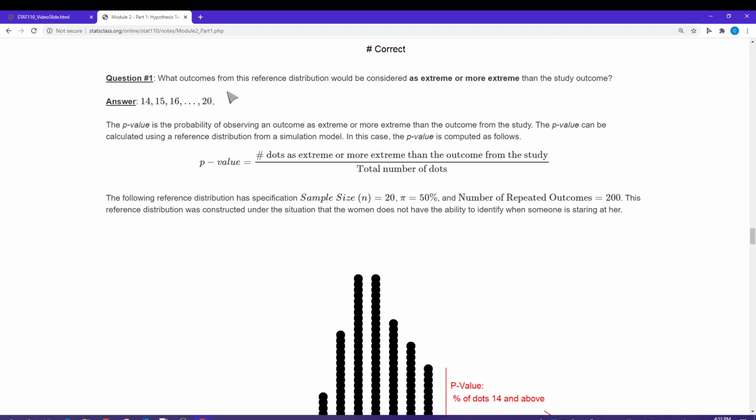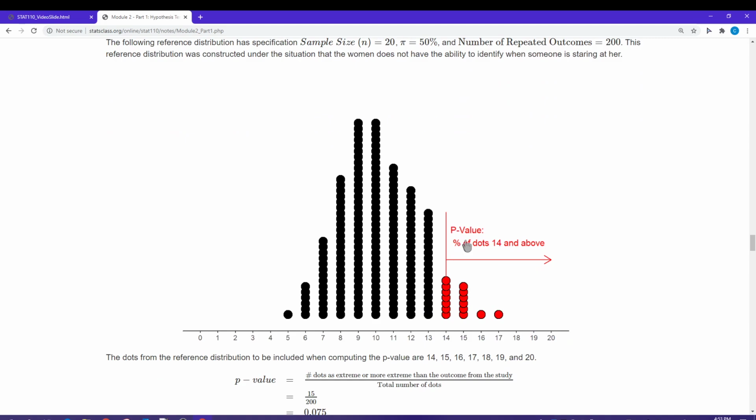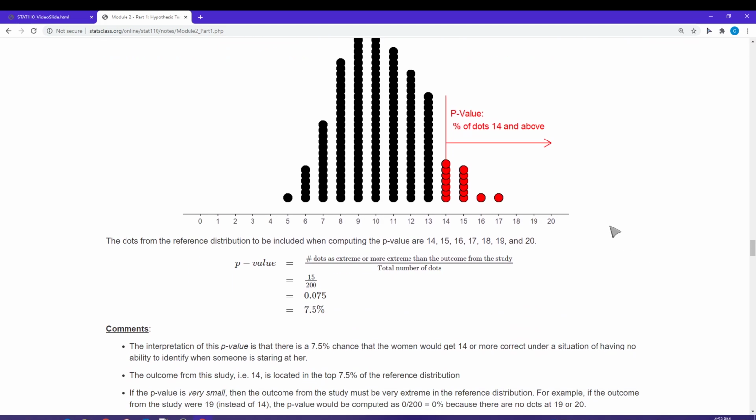So what outcomes from this reference distribution would be considered as extreme or more extreme? As I just stated, values 14 through 20. To compute the p-value, what I need is just to figure out how many of the dots from my reference distribution were at 14 or anything higher than 14. I'm not going to count them here, but I guess there were 15 dots.